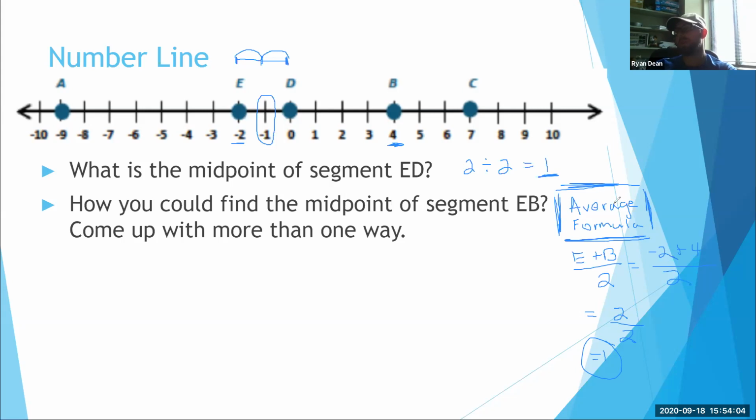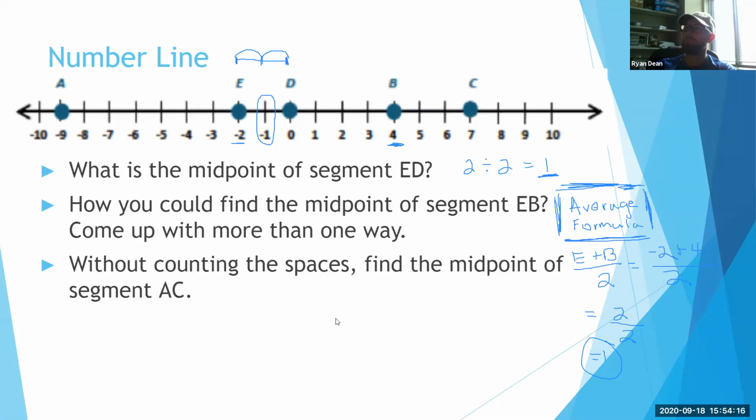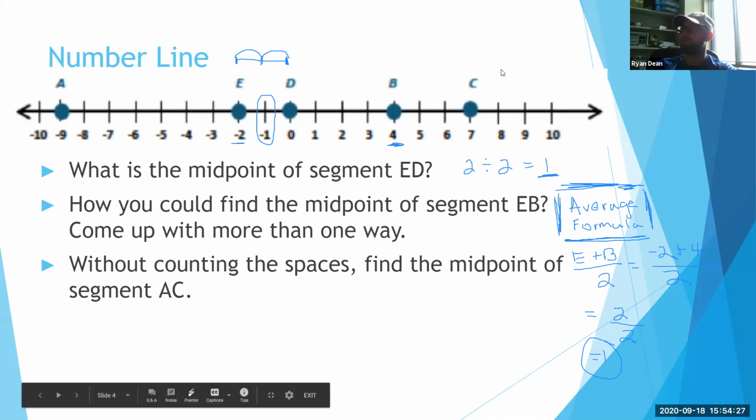This is technically the way that we're going to be doing it from here on out. Instead of counting, the average formula is going to be our best friend here for the next few problems that we're going to take a look at. So again, without counting the spaces, this time they want us to find the midpoint of segment AC. So we could use this exact same formula, except this time we would find AC.